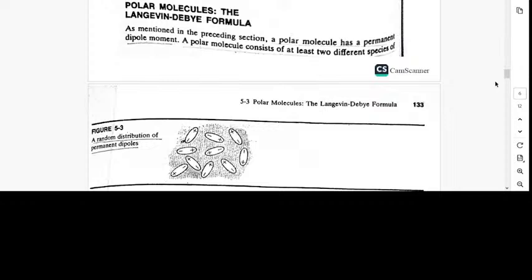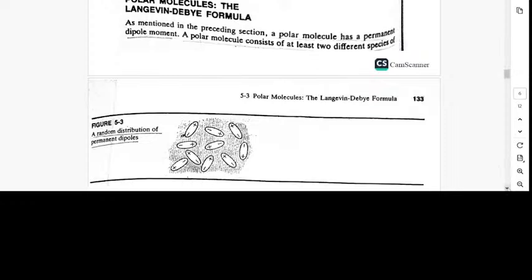We know that a polar molecule has a permanent dipole moment. We have discussed it in our previous class that a polar molecule has a permanent dipole moment. Means that a molecule that has already polarized has two types of charges.